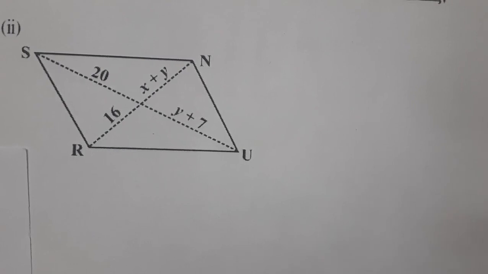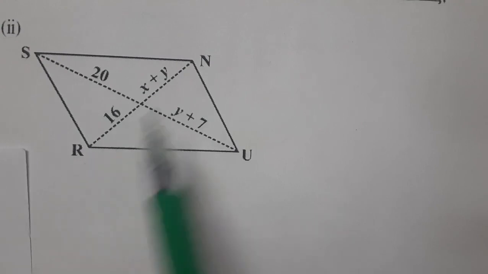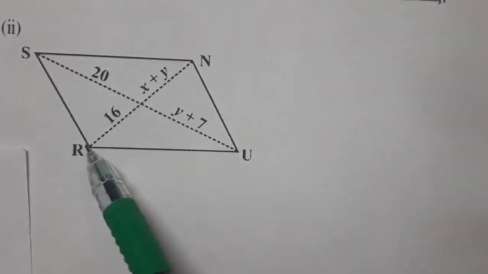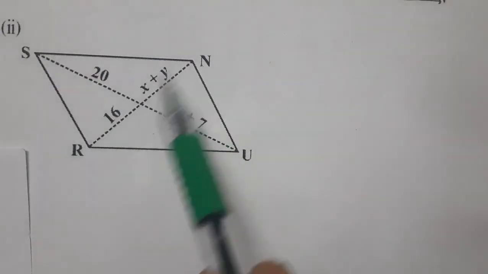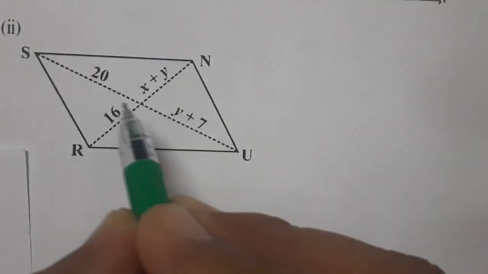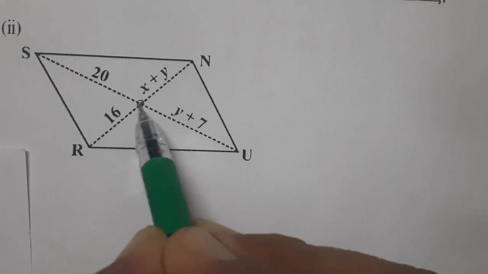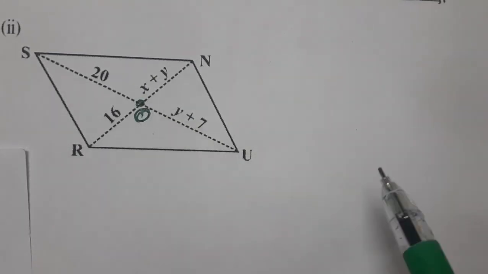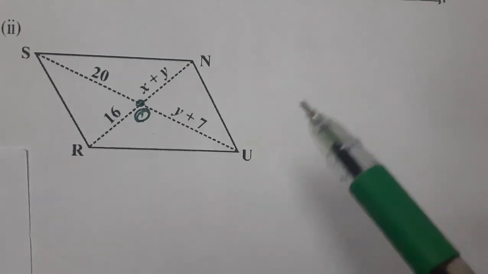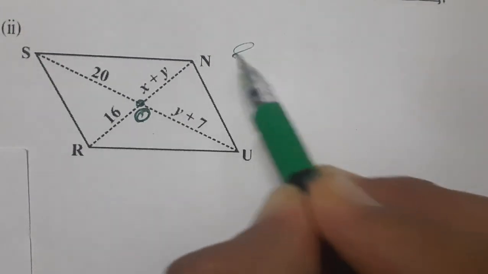Now this is the second part of question number 8. Now children, can you see this question is based on diagonals, because diagonal measurements are given to us. So let us name this as O. Diagonals of a parallelogram bisect each other. So this property we will use.